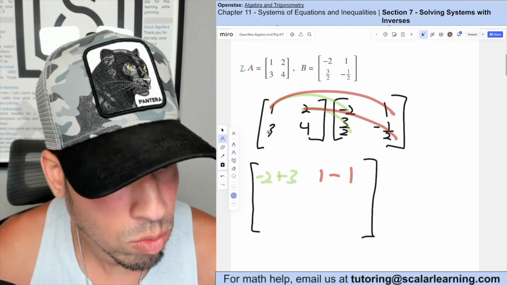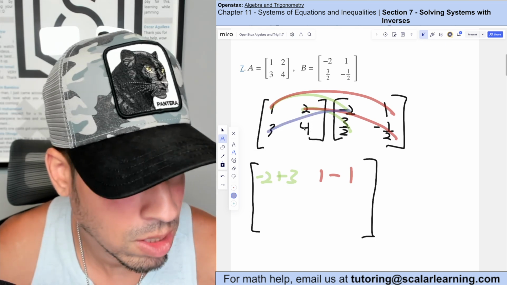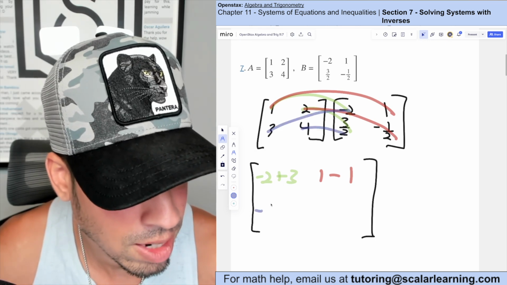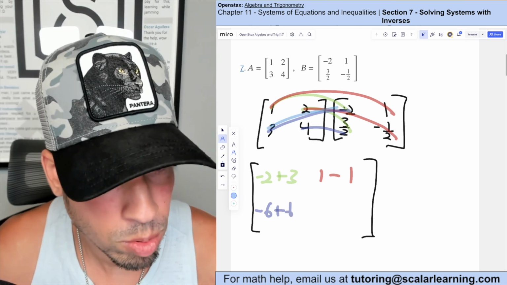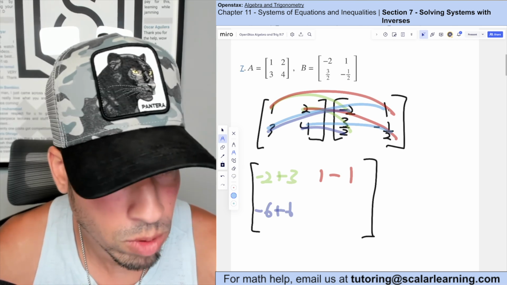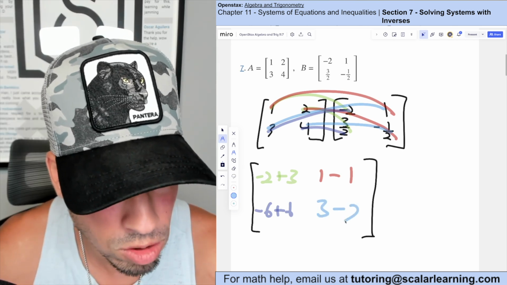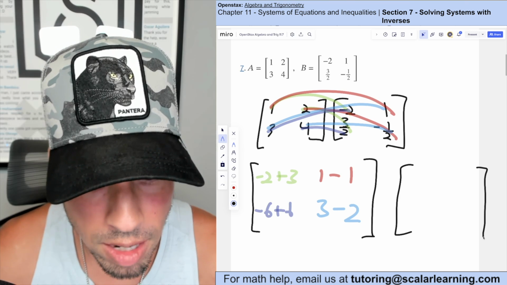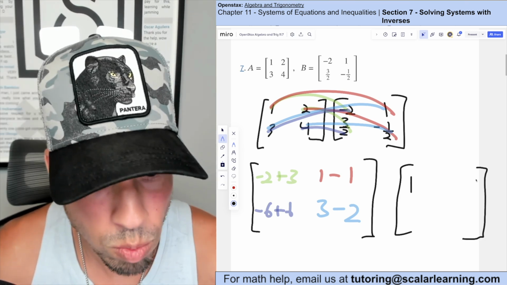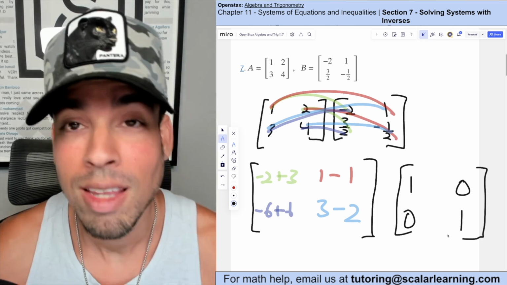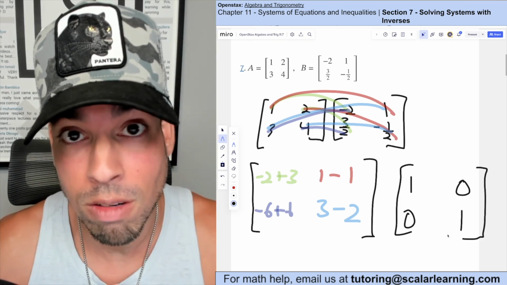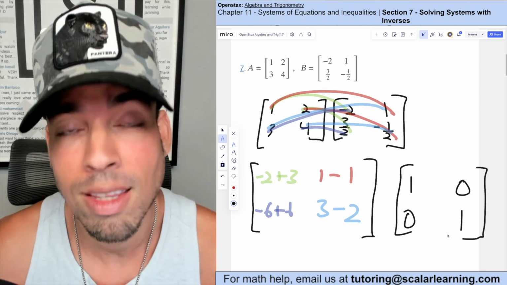Then the second row times the first column again: 3 times -2 plus 4 times 3 halves, that's -6 plus 6. And last but not least, 3 times 1 plus 4 times -1 half, that's 3 minus 2. As we simplify that result, we get -2 plus 3 is 1, 1 minus 1 is 0, -6 plus 6 is 0, 3 minus 2 is 1. That is the identity matrix. This confirms these are indeed inverses.